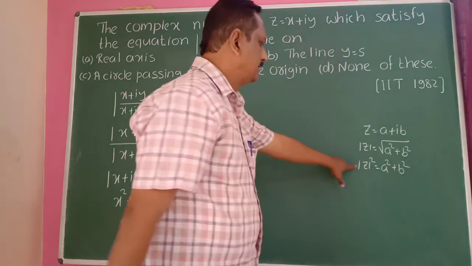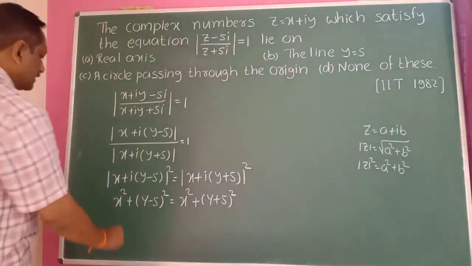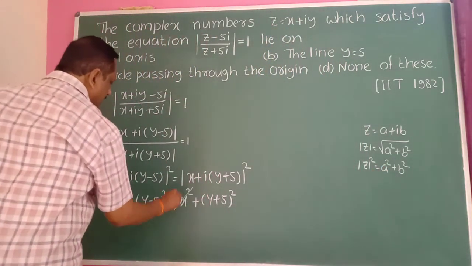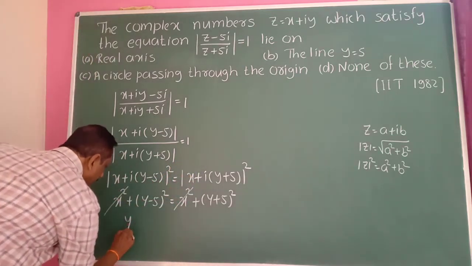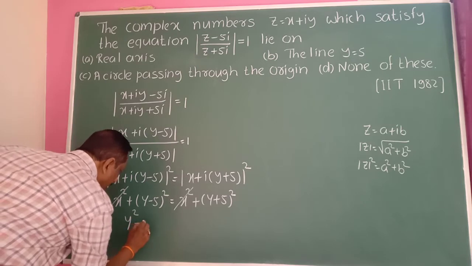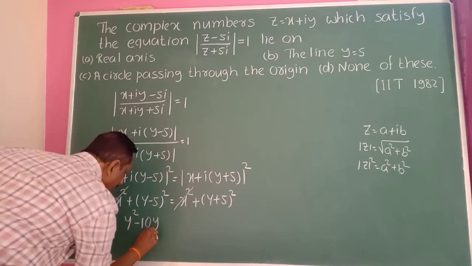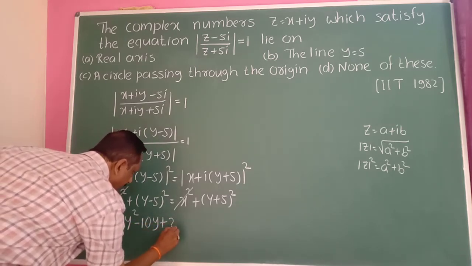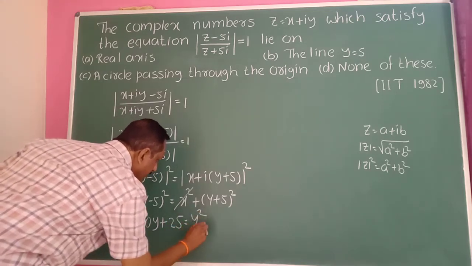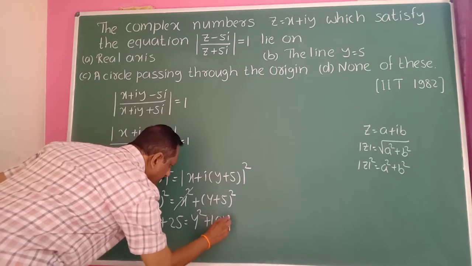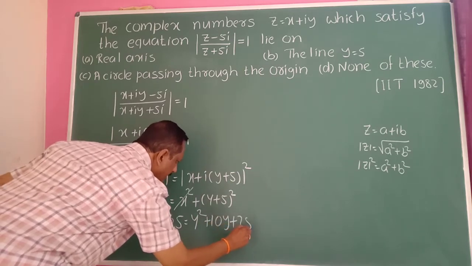We are using this result here. Then x square and this x square cancels here. Then (y minus 5) whole square is y square minus 10y plus 25, which is equal to y square plus 10y plus 25.